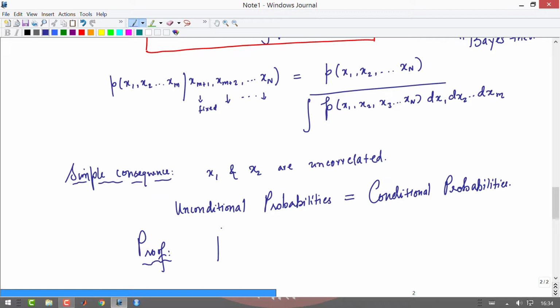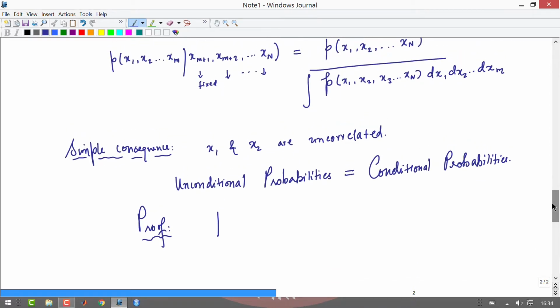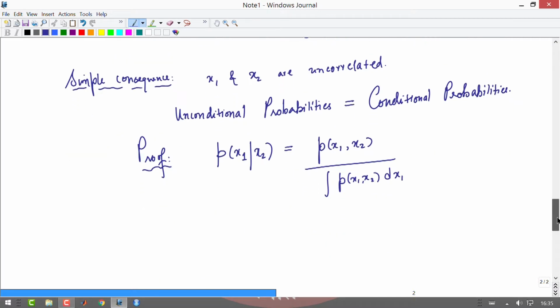So if I write down the conditional probability from the previous example, then it would simply be probability of finding x1 when x2 has been fixed to some value, and this would be given as the joint probability density divided by integration of the joint probability density over all values of x1.